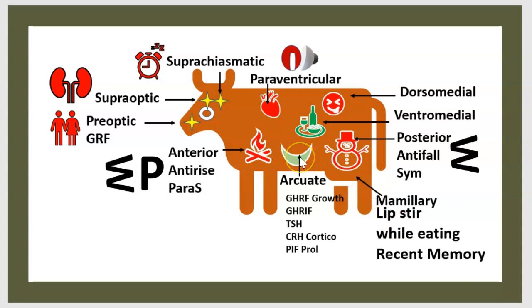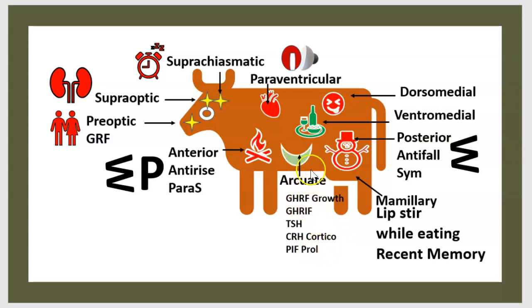The last one is arcuate. Arcuate is growth hormone releasing factor and growth hormone inhibiting factor, TSH releasing factor, corticotropin releasing hormone, and prolactin inhibiting factor.